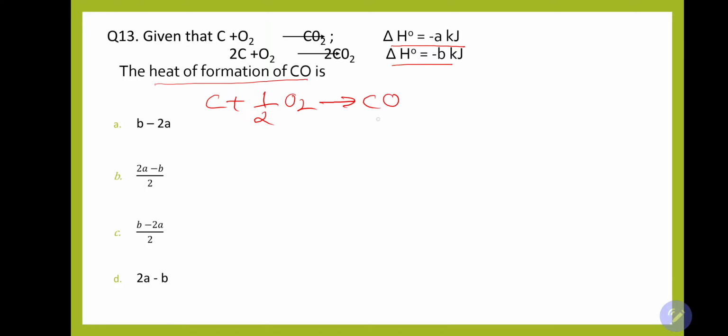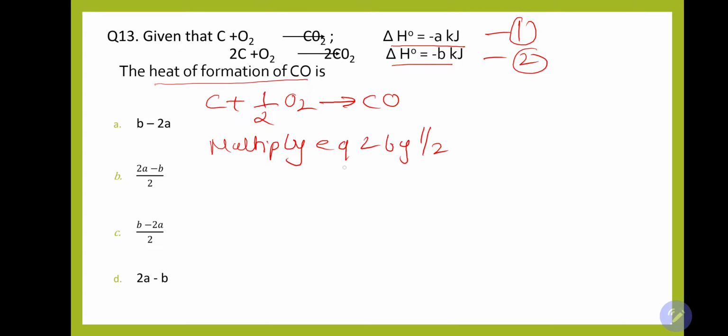Now how to derive this equation from these two equations? Let's assume this as 1 and this as 2. What we are going to do is multiply equation 2 by half.